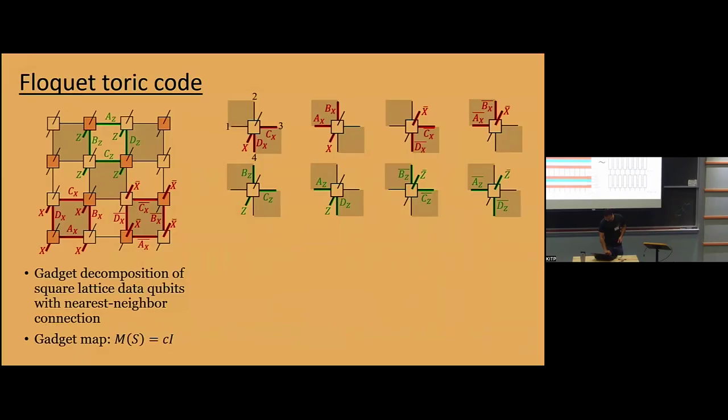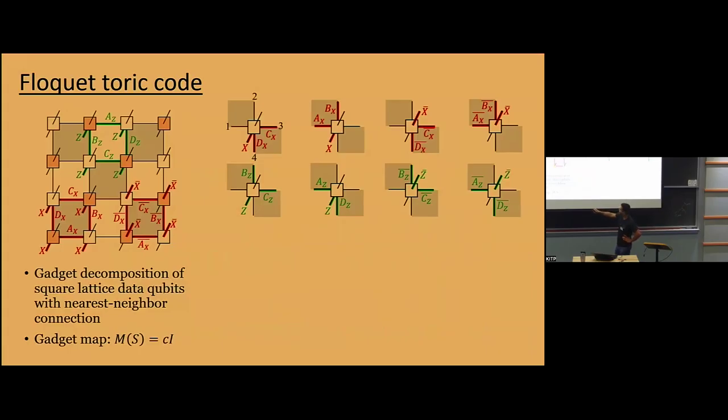So on the left here, I have the gadget picture for the toric code. So for every qubit, I write a gadget. And there are these incoming legs and outgoing legs and these internal legs. And there are Paulis sitting on these incoming legs, which are the Paulis of your incoming stabilizer code.